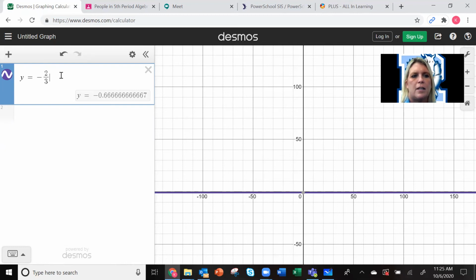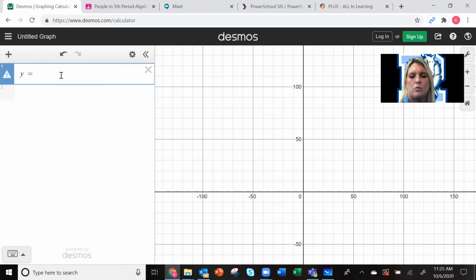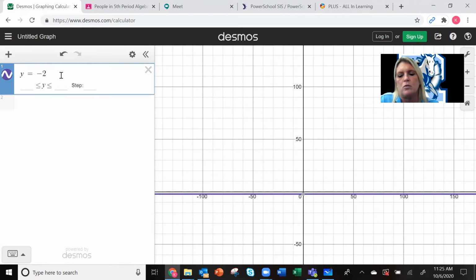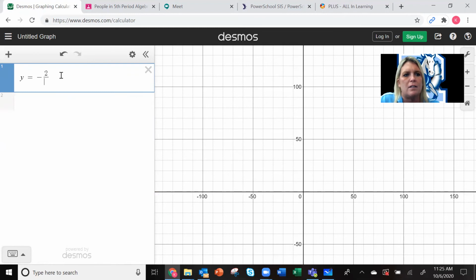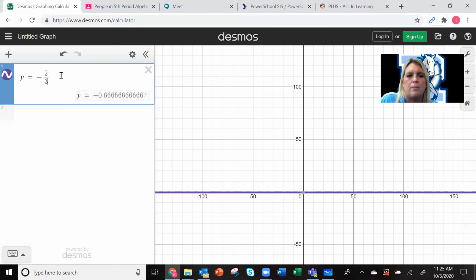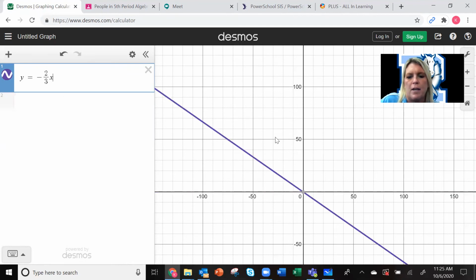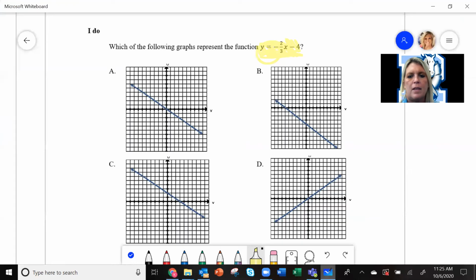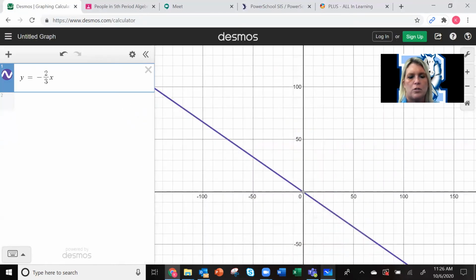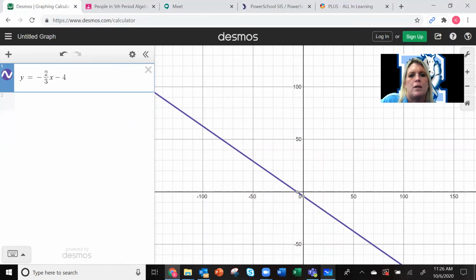You can't be down in the denominator still. Now I can press my x, then -4.